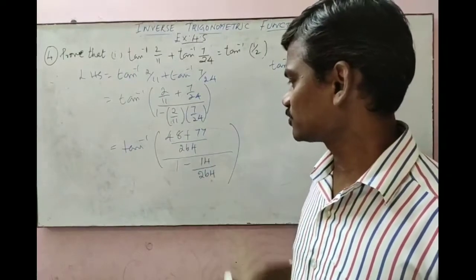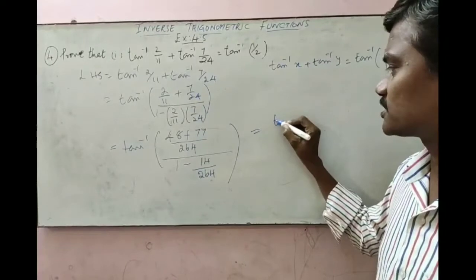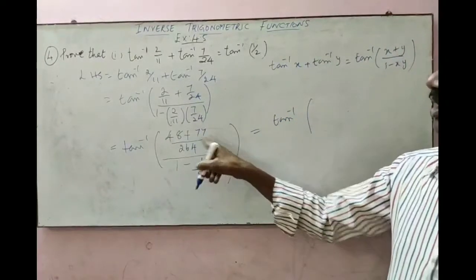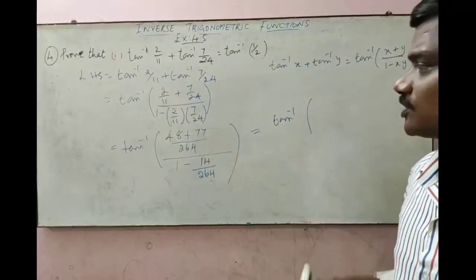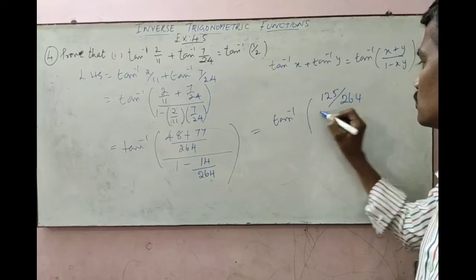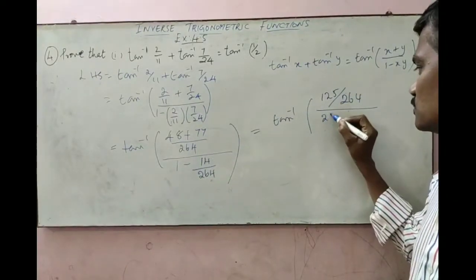Then only it is easy for you to simplify. 264 minus 14. The next step is tan inverse of, if you add these two, you will get 125 by 264 whole divided by, here 264 minus 14.